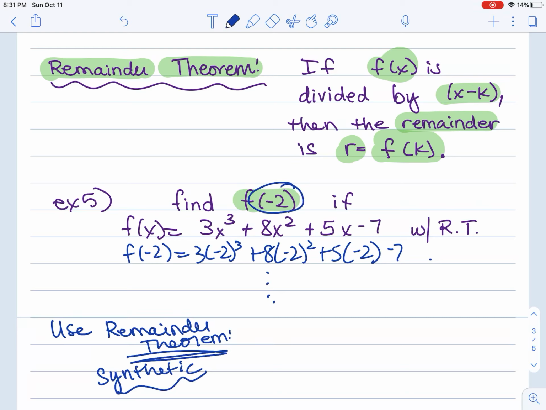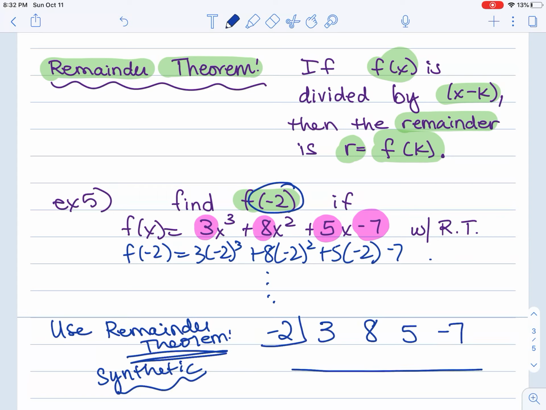So I'm going to put this value of negative 2 right here in the box. And now I'm going to use those coefficients, 3, 8, 5, and negative 7. Make sure that they're going in descending order, and we're not missing any values of x. So now we just do synthetic division.